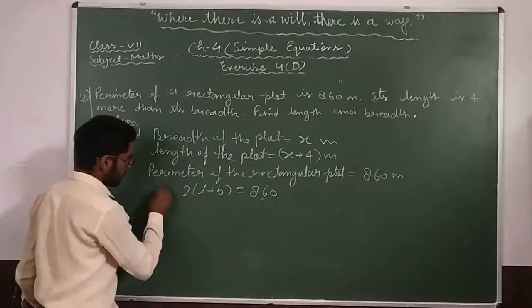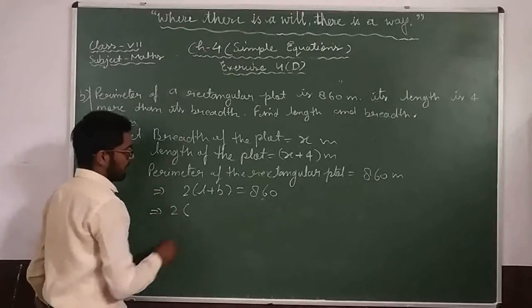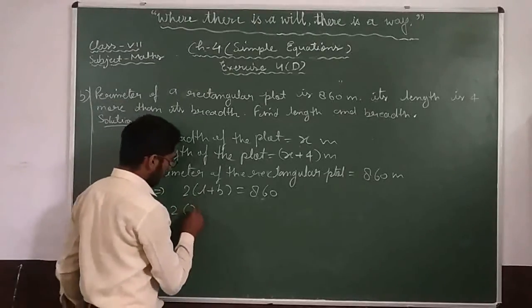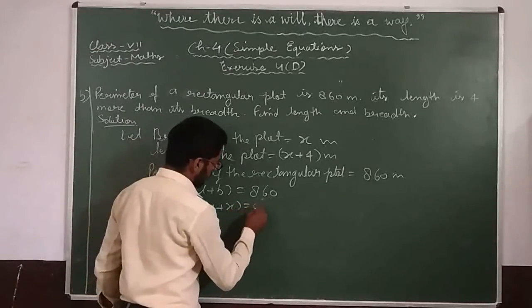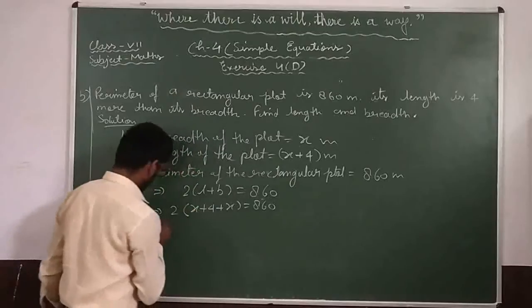Okay. So now here 2 in bracket, length is x plus 4 plus breadth is x, is equal to 860.